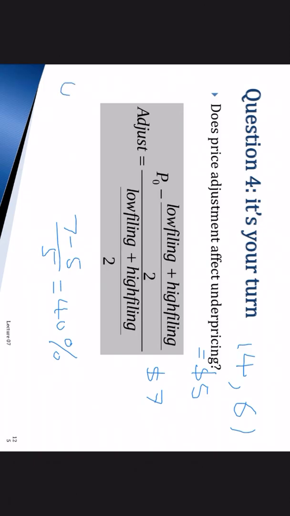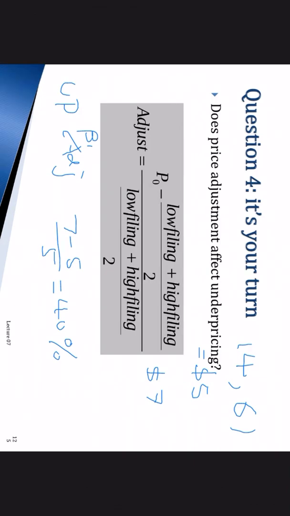Okay, so if you are running a regression using underpricing as the dependent variable and adjustment as the independent variable, what is your expected sign of the adjustment?